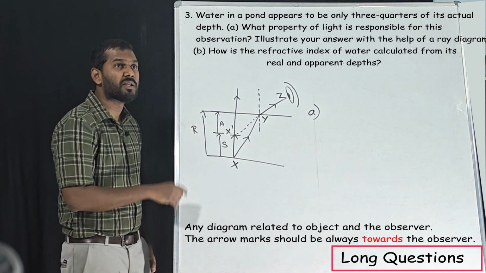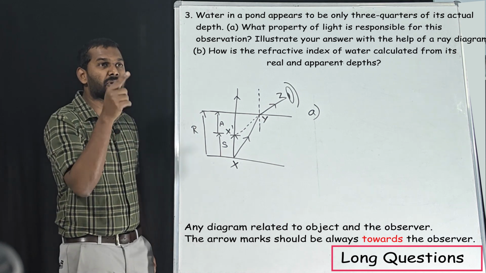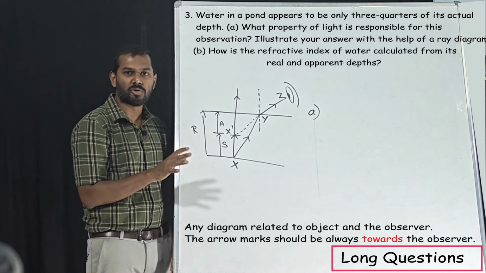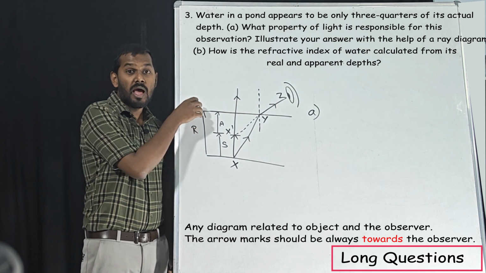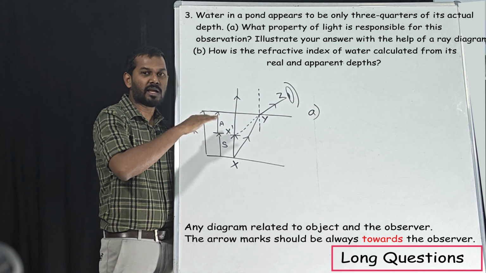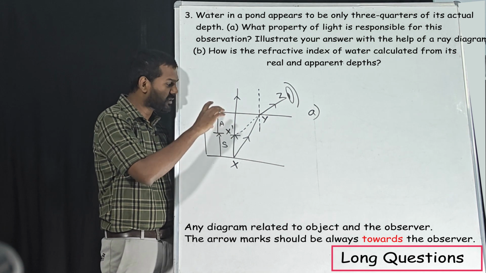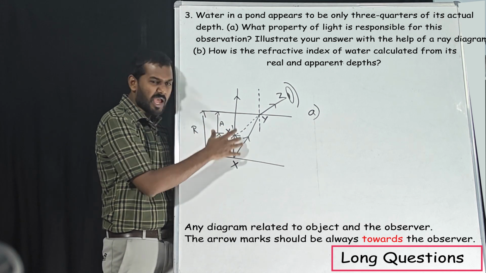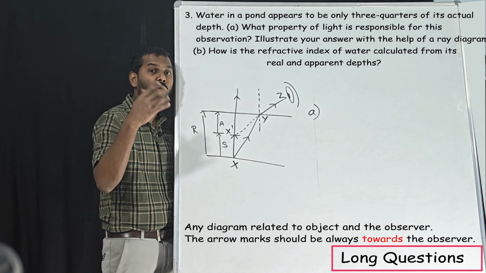And here one more thing they have mentioned clearly, it appears to be 3/4 of actual length. Actual length is nothing but real depth only. Actual depth is nothing but real depth. Keep this in mind. They are telling 3/4, it appears like 3/4. That means if you take this as 5 centimeter in the exam, see this diagram is not perfect, I am telling you how to write it.